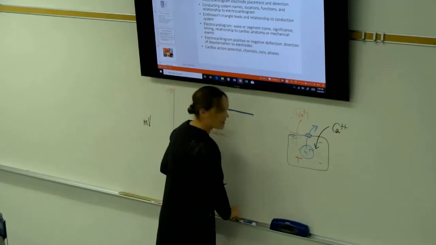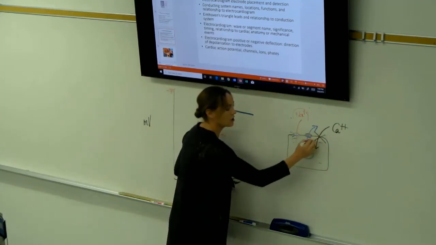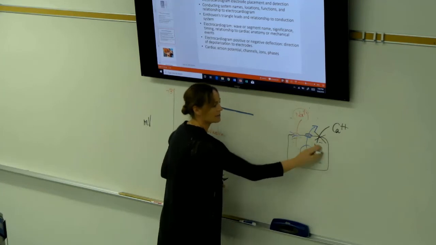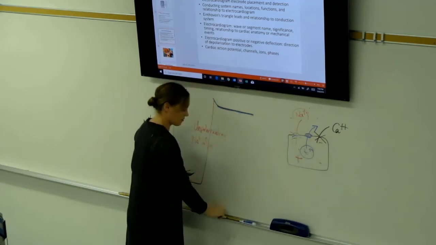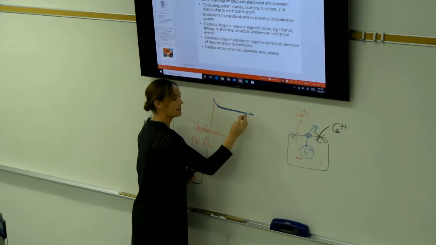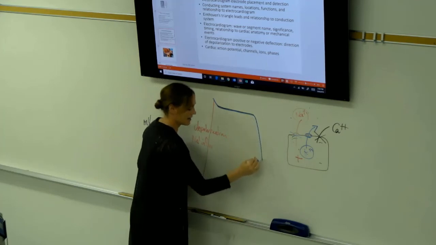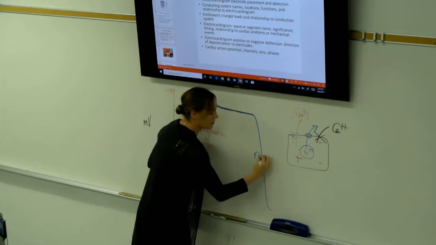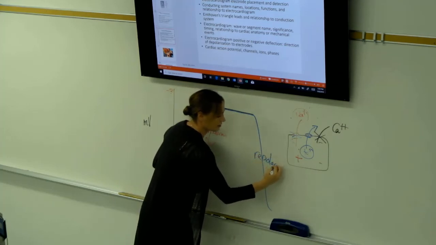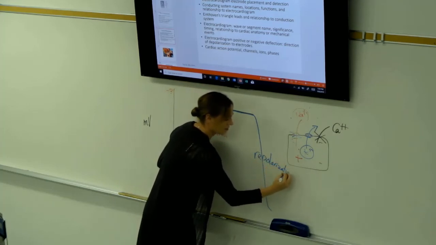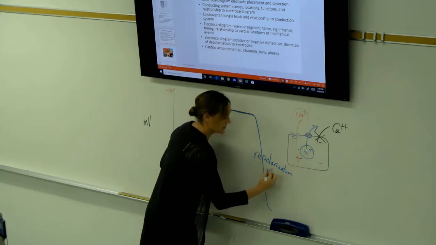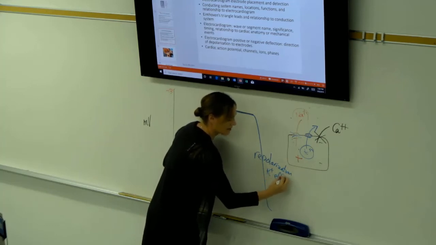Finally, calcium channels close. No more calcium is coming in, and therefore the potassium that's leaving is then able to bring the cell back to negative and cause repolarization, which is potassium efflux.